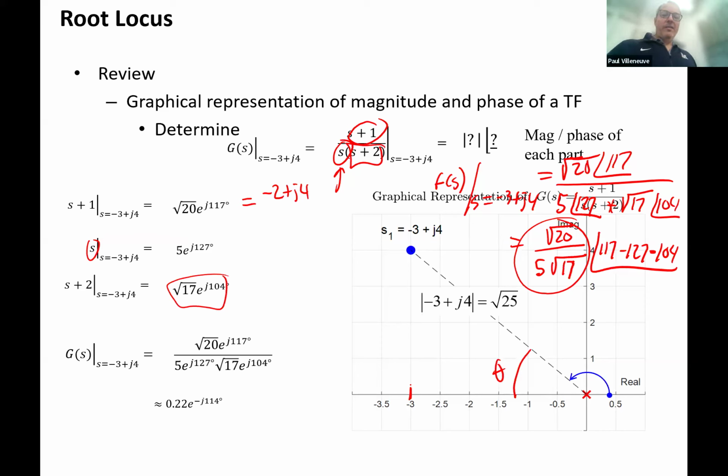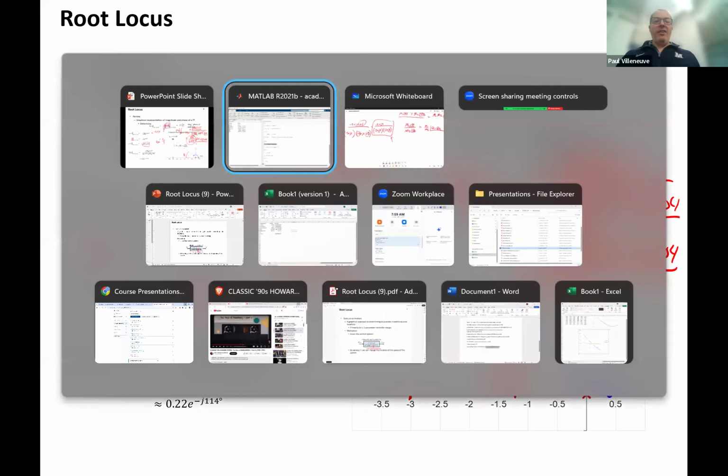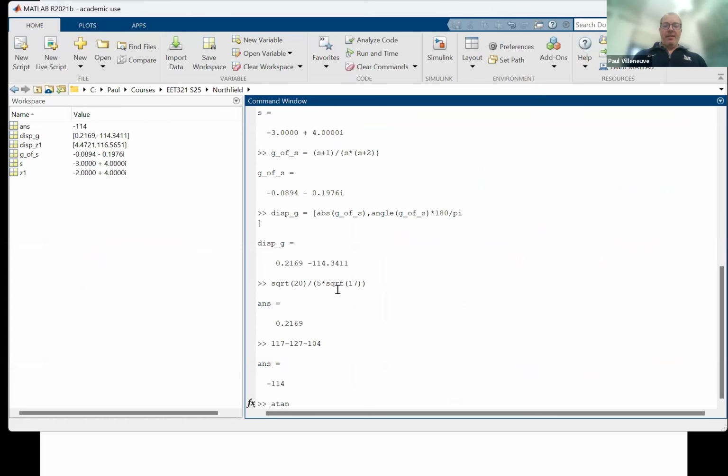I know that and I know that, and I also know that. If I take the inverse tangent of the opposite over the adjacent, remember SOH-CAH-TOA, the opposite is 4, the adjacent is 3. What's the angle that I get? 4 divided by 3, and then I multiply that by 180 over pi. What do you think that's going to be equal to?